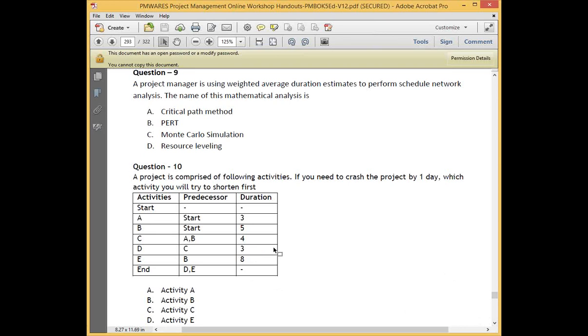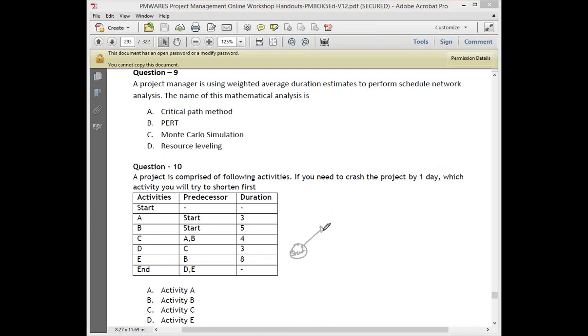Just wanted to discuss this. Why not B? B and E are in the same sequence, right? On the same path. Actually, D and E. No, I wrote B only, but I just want to discuss this. How exactly will this go? So first A will start on 0 and take 3 days.